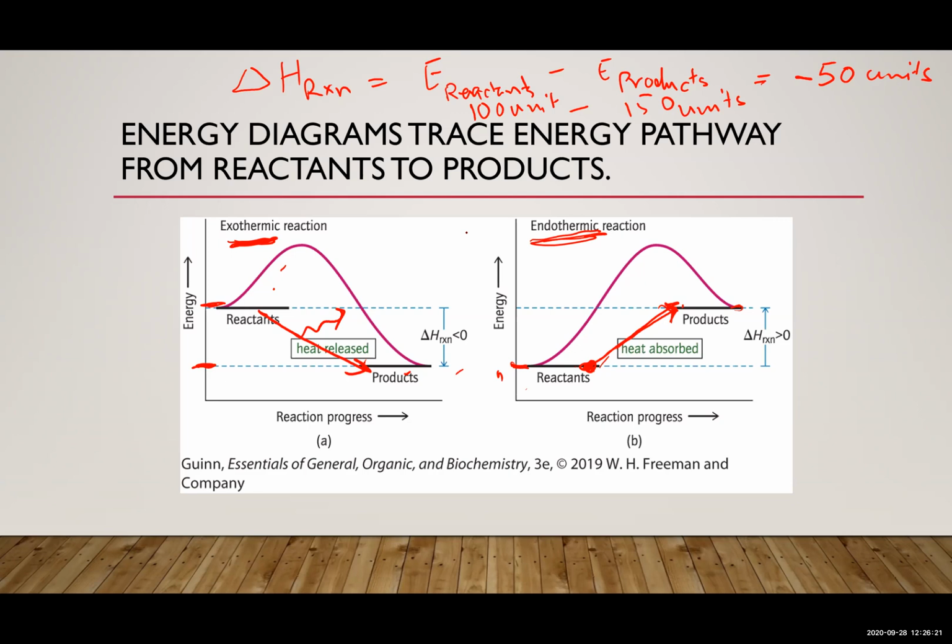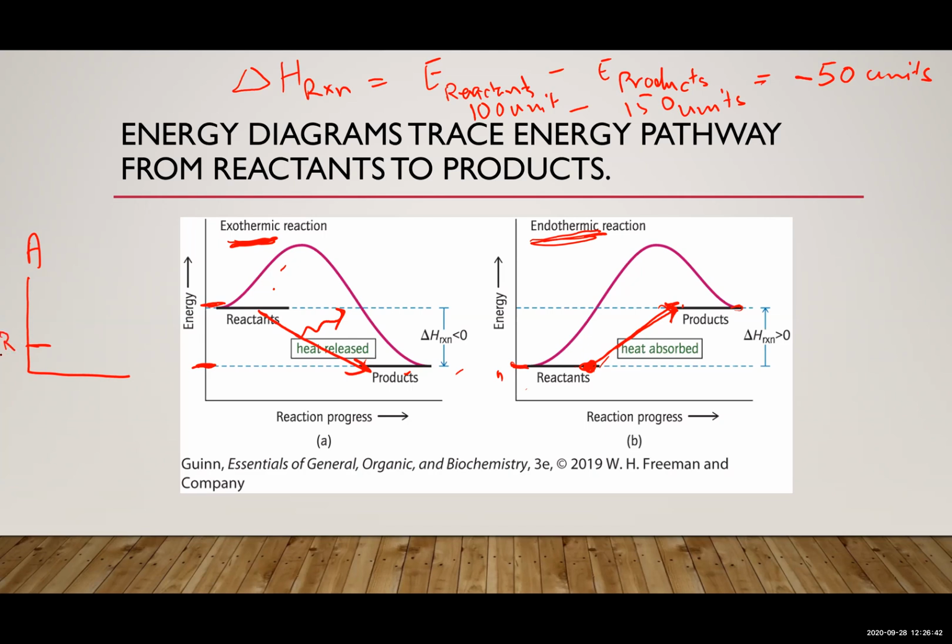Everything okay? Okay, let's check if you understand. Ignore those hills for now; just remember the position. Let's say I have a reaction A, and in this reaction A, my reactants are here.